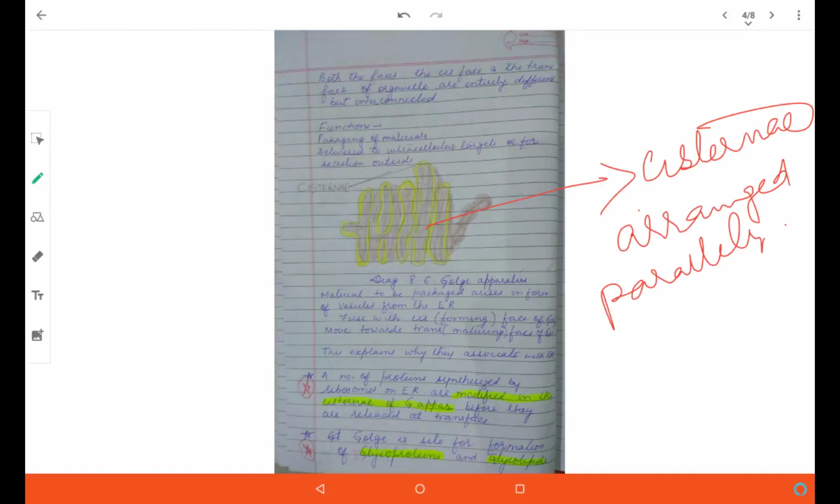The proteins synthesized by ribosomes on endoplasmic reticulum are modified in cisternae of Golgi apparatus. Thus, the Golgi is the site for formation of glycoproteins and glycolipids.